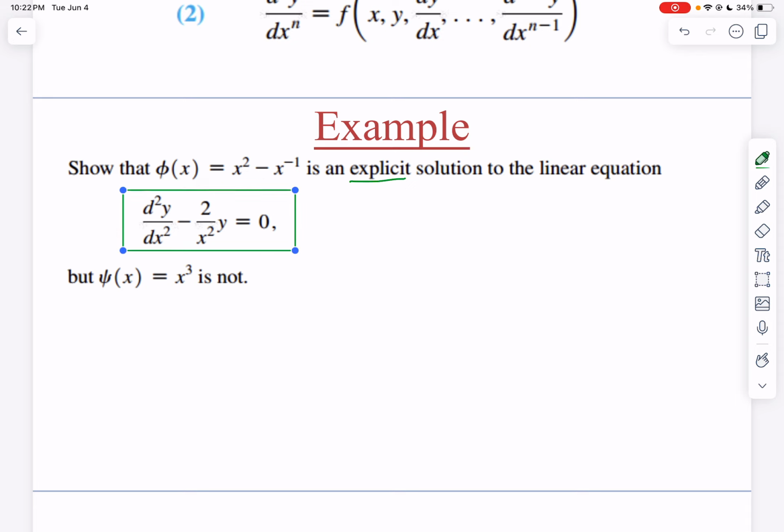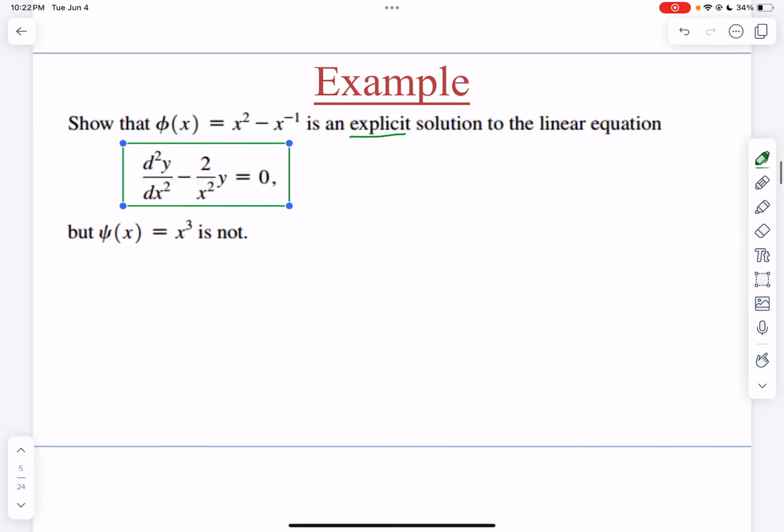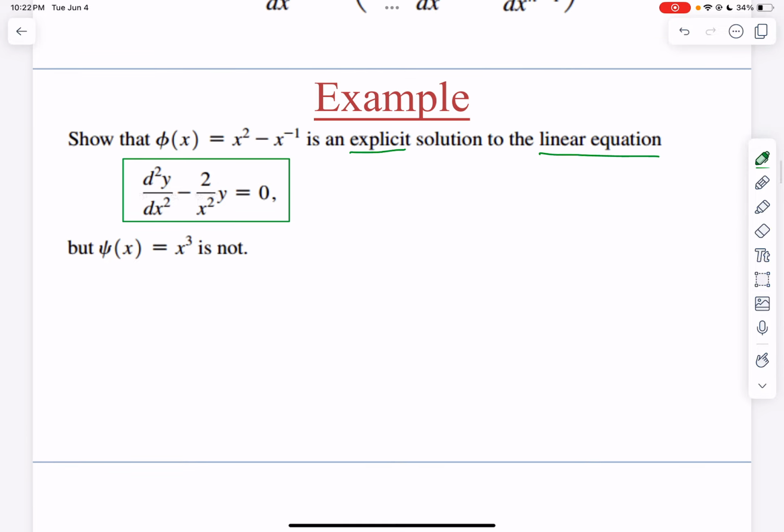And of course this is a linear DE, and as you can see why, that we have our derivatives and our functions added together and not multiplied together anywhere.